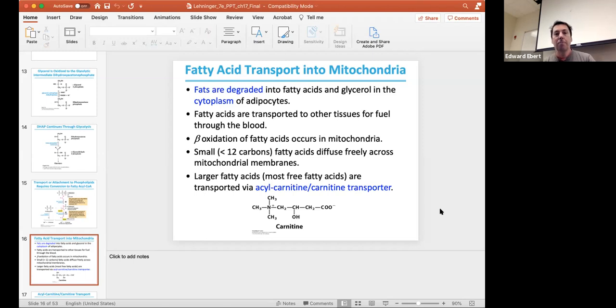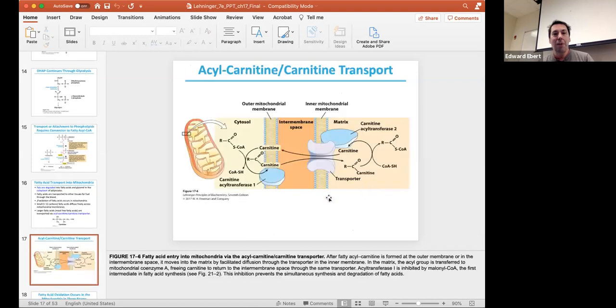Okay, so if we look at our carnitine down here, you do not need to memorize the structure, but we have this nice little carnitine molecule. Kind of looks a little bit like an amino acid in some ways, not quite, but that's our carnitine molecule. And we're going to see that we can acylate our carnitine, right? And then we have two transporters in here.